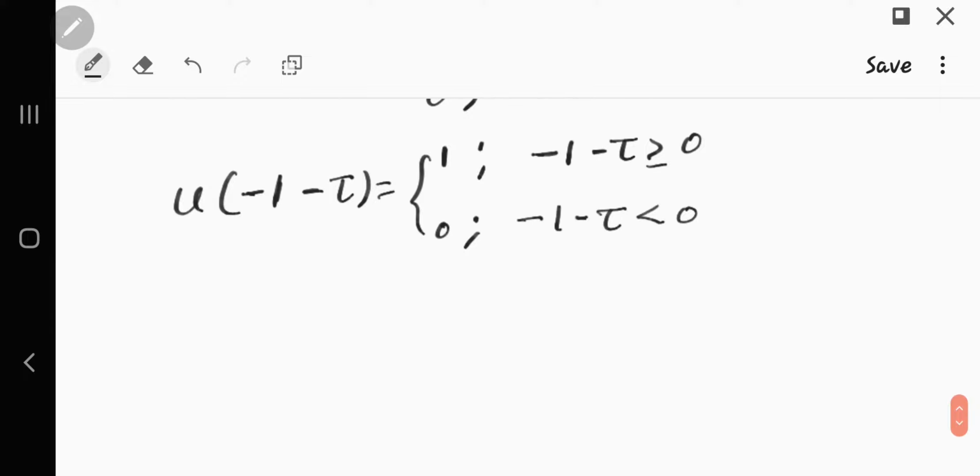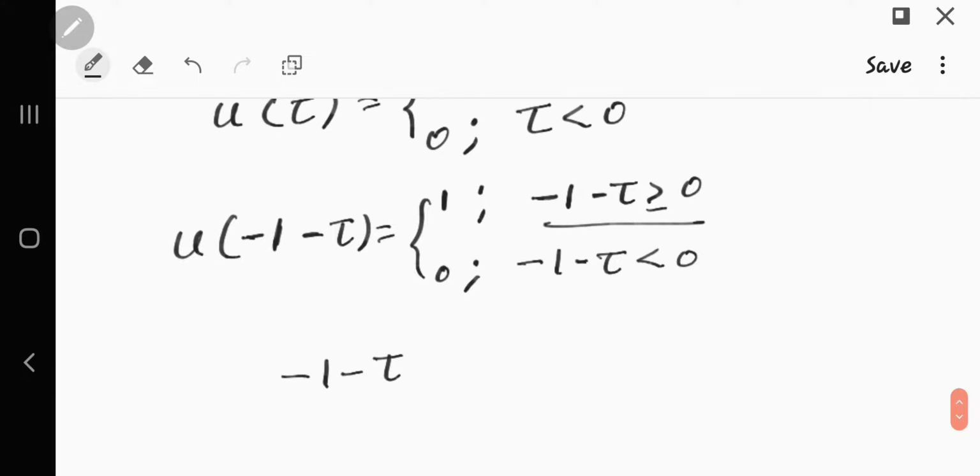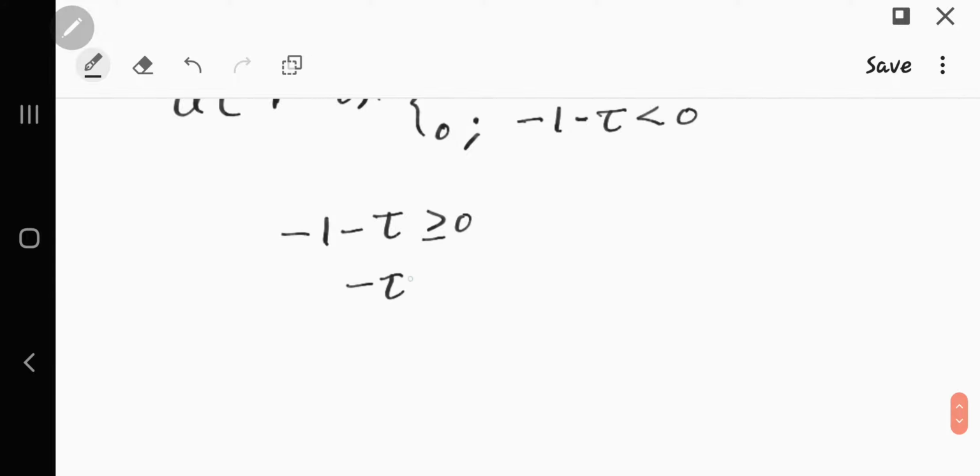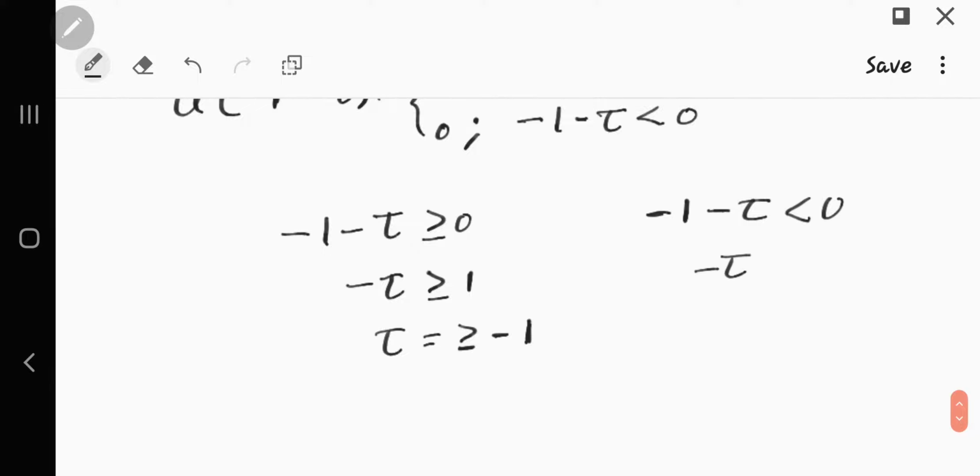Now if you simplify this, we have minus 1 minus tau greater than or equal to 0. So minus tau is greater than or equal to 1. So tau is less than or equal to minus 1. Next, here minus 1 minus tau less than 0. Minus tau is less than 1.